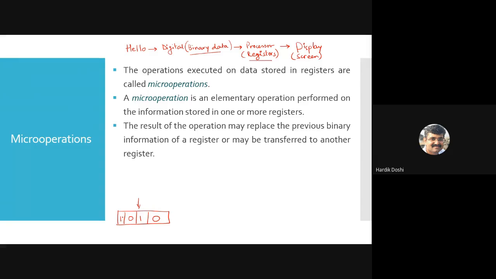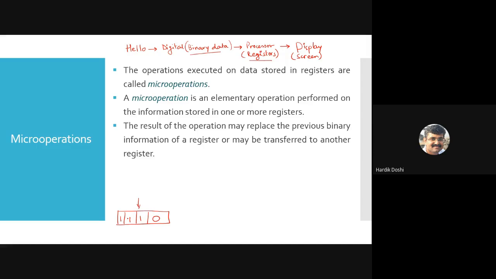It is not compulsory. Say I performed addition, and after performing addition it comes out to be 11110. See, the data got replaced.